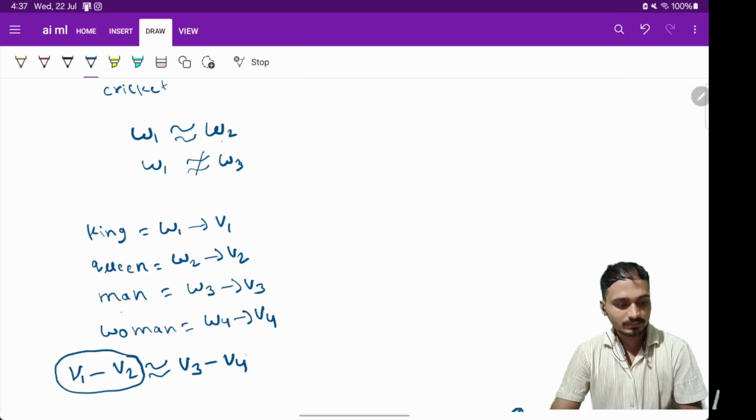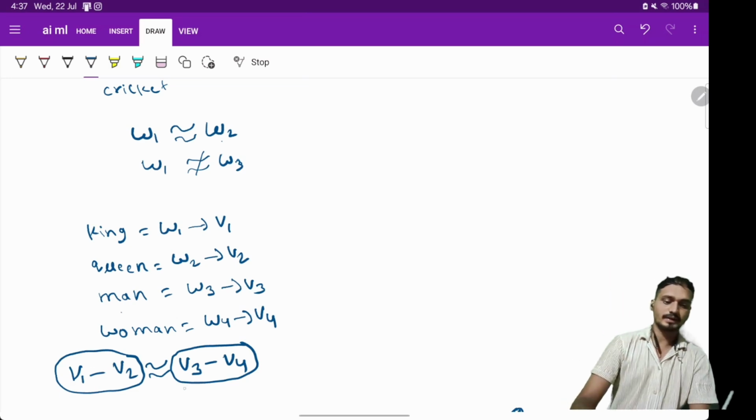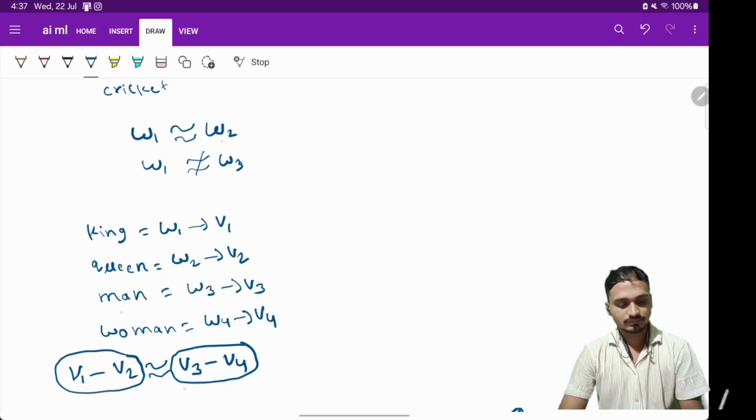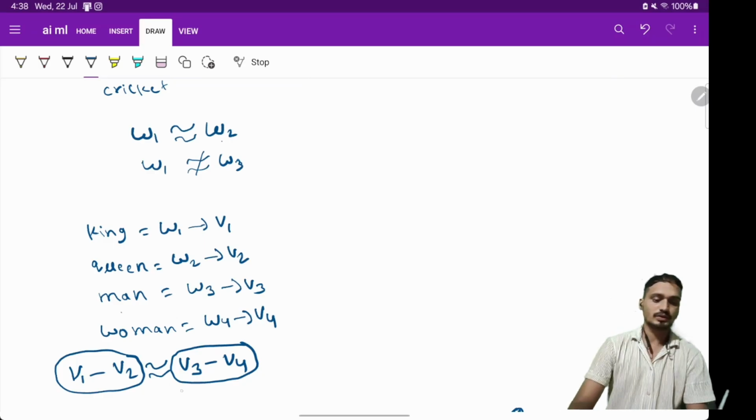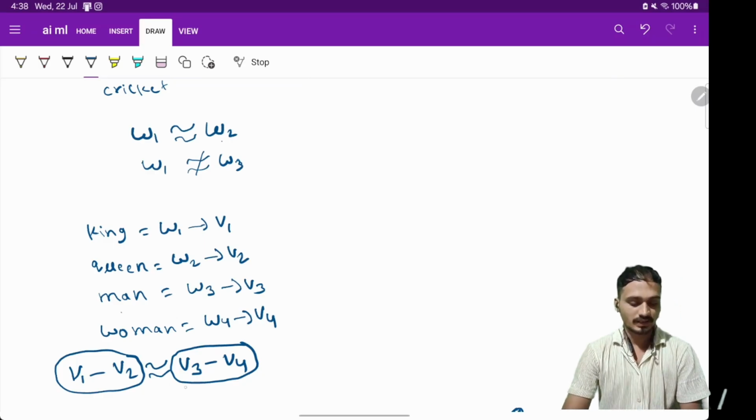Similarly, if we cut out the royal difference between man and woman, all we are left with is the gender difference. So both gender differences will be very similar, between man and woman and between king and queen, since the royal difference is cut out. That's why, even after performing any kind of distance operation, it preserves the semantic meanings between those. This concept makes Word2Vector so powerful that it can be used for other purposes like this as well.